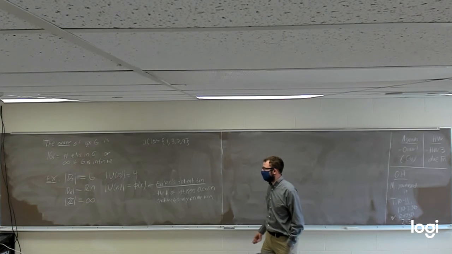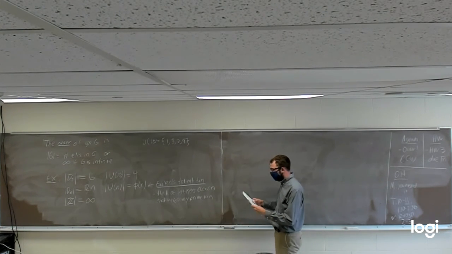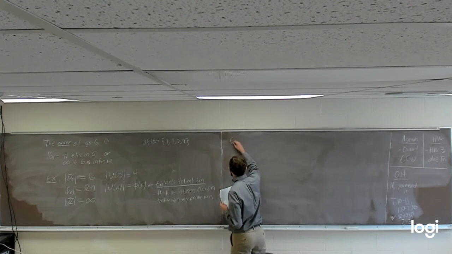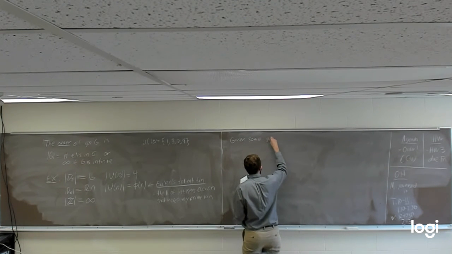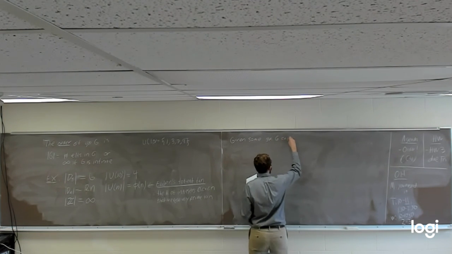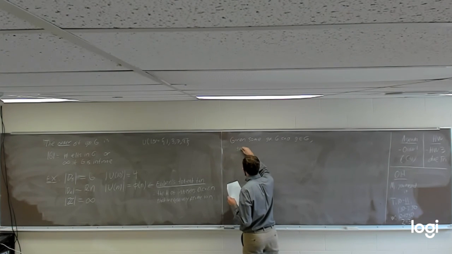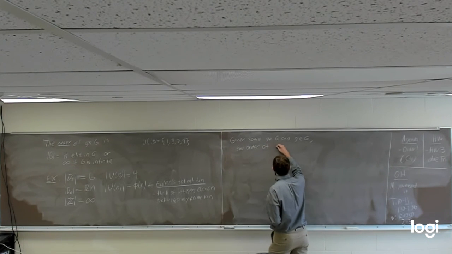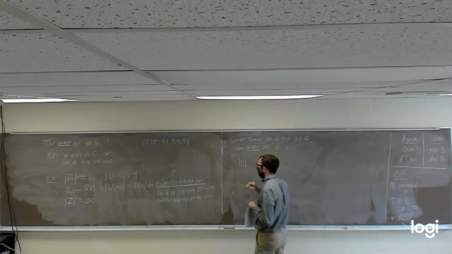So order of a group is just the number of elements in a group. Here's another notion of order. You can also define the order of an element in a group, in which we say, given some group G and an element little g in big G, we can also define the order of g, which we denote similarly.